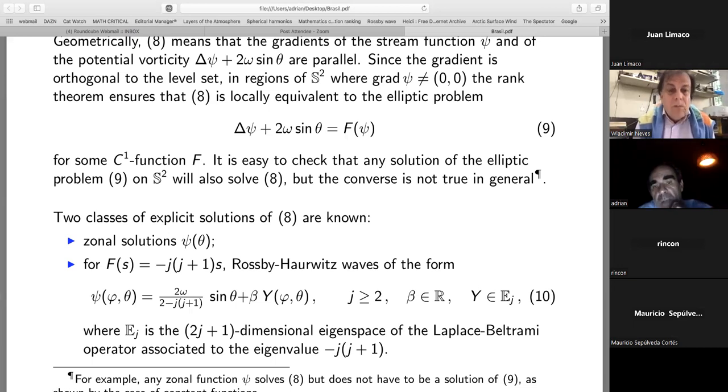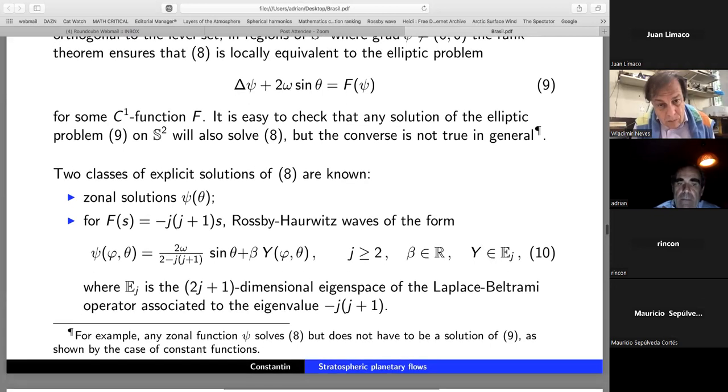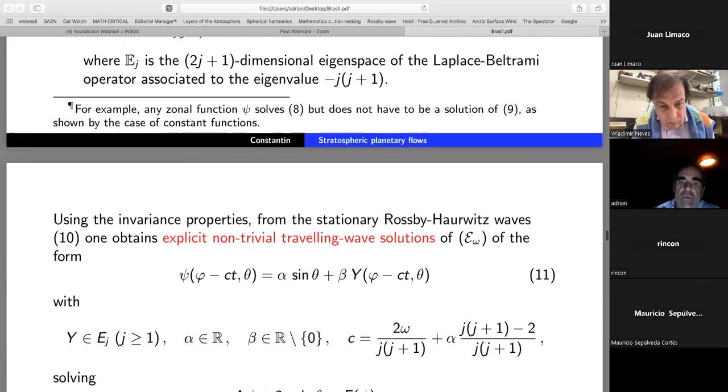So now they are called Rossby-Haurwitz waves. And these are solutions to the Euler equations written here for F linear. Okay. And right, so these are explicit solutions.